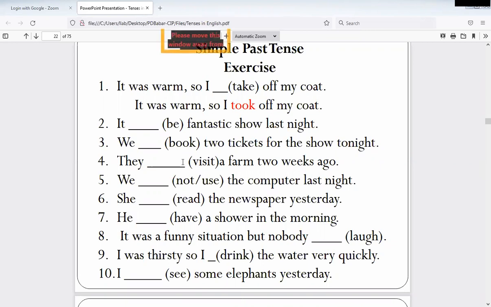We use had as the past tense of have. This action happened in the morning, so he had a shower.